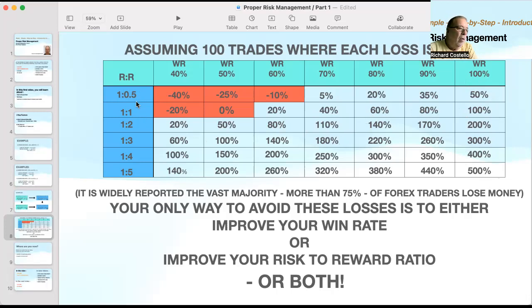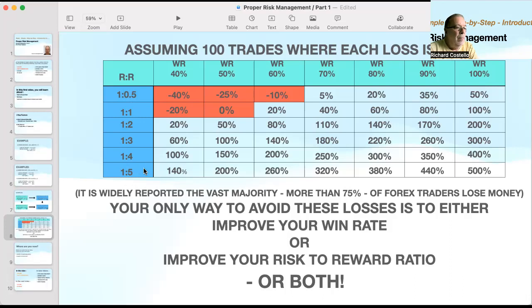On this column here, your risk to reward depends, again, on what strategy you're using. If you're going for short-term scalping trades, you may be in this sort of area. If you're going for longer trades, I know somebody who never ever enters a trade where the risk to reward potential is less than 1-to-5.